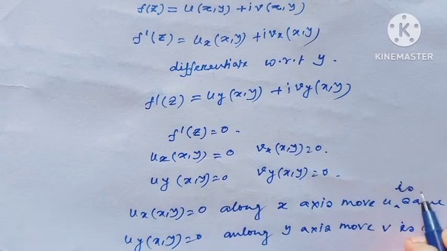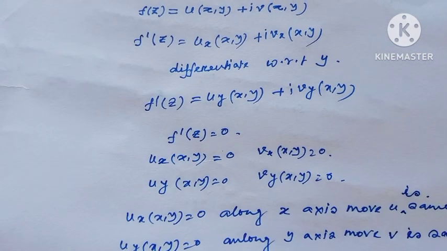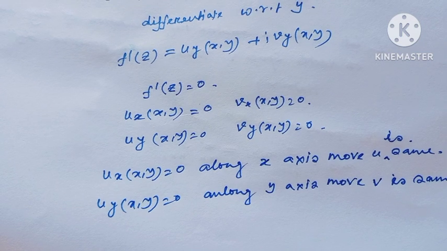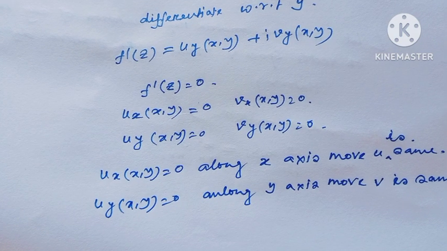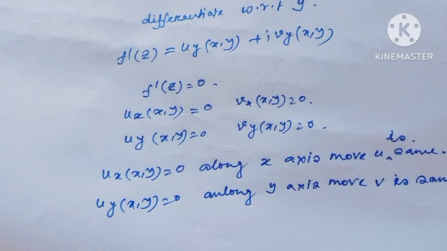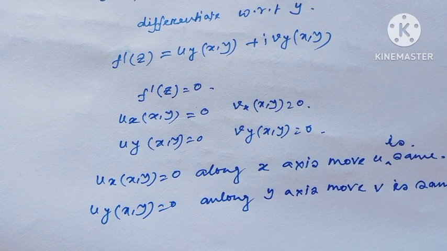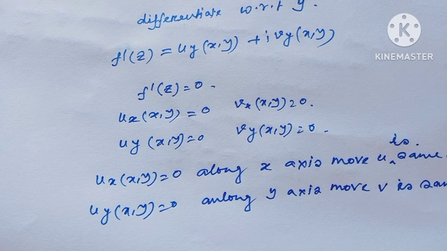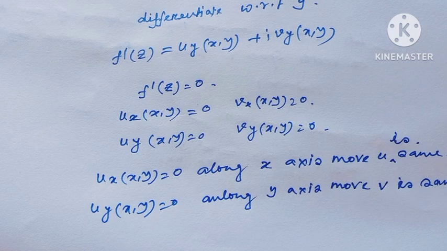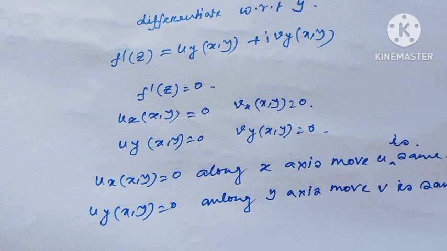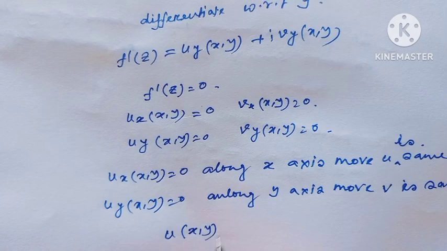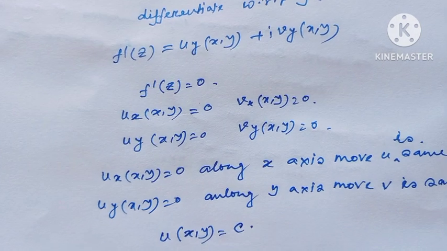Here u is the same. That means since u_y equal to 0 along the y-axis, u is the same, and similarly v_y equal to 0 along the y-axis, v equals c, the same. Therefore, that implies u(x,y) equal to constant c.